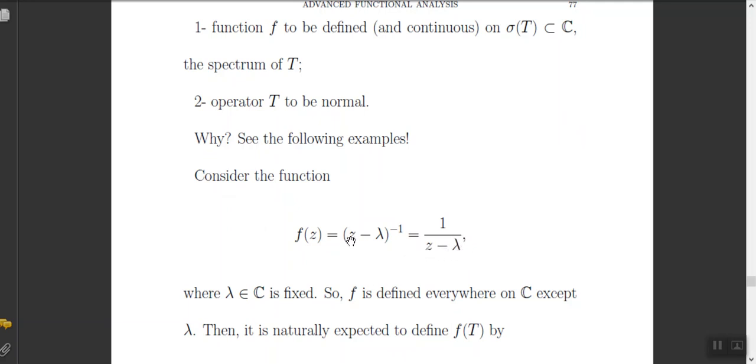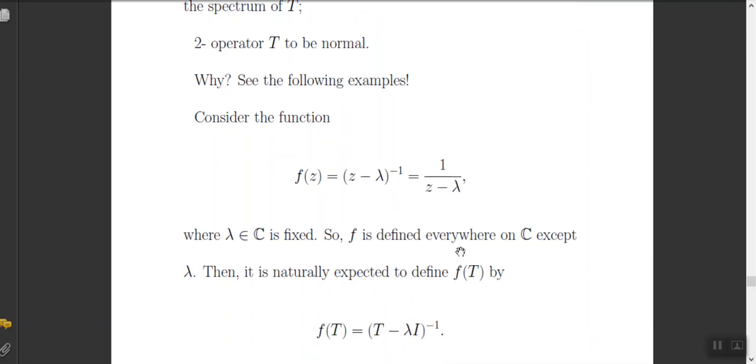This function can be written as z minus lambda to the power of minus 1, which means the multiplicative inverse. I'm sure you agree with me that the function f is not defined at lambda, right? z cannot take the value lambda because division by 0 is not defined.